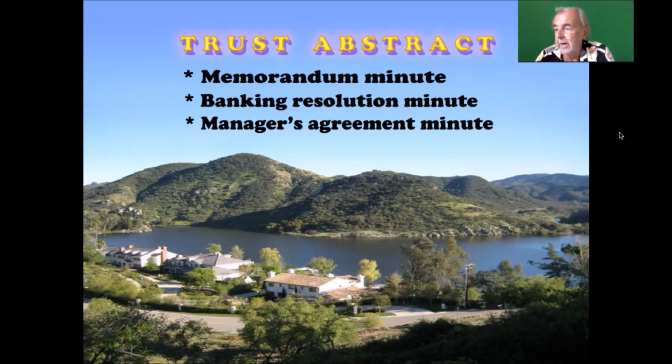And I have it set up so that once you've established that the bank is going to open this account, the checks and the credit cards will be in the name of the trust, with you as manager or you as trustee on the checkbook, and that only one signature is required.